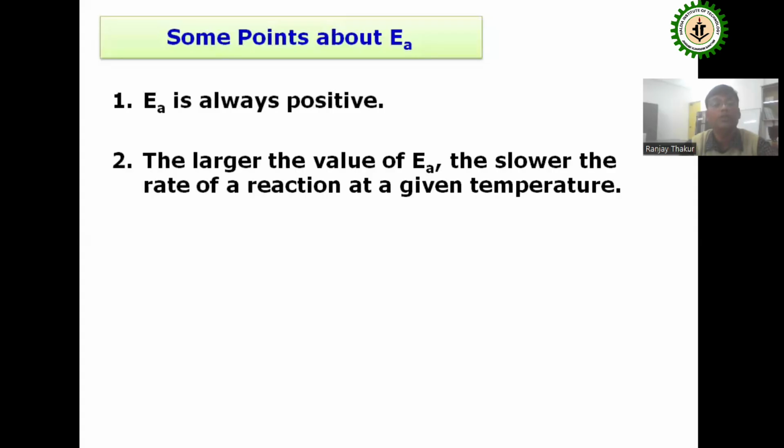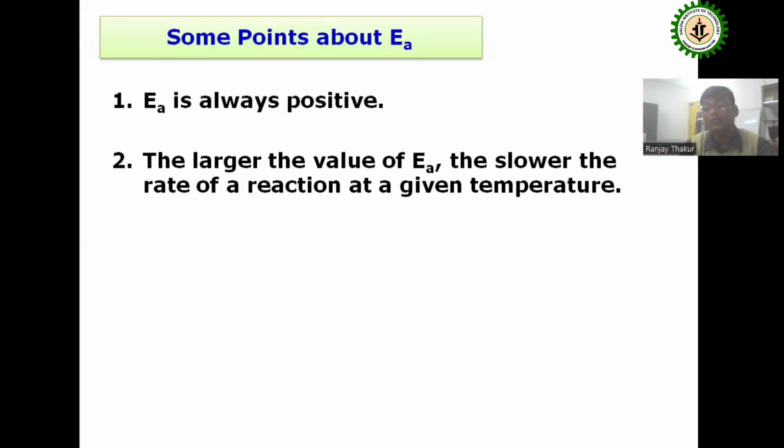There are some points associated with activation energy. Activation energy is always positive, because in any reaction, if you try to activate any reactant, it should absorb heat. The larger the value of activation energy, the slower the rate of reaction at a given temperature, because it needs more time to supply that energy and to cross the energy barrier.